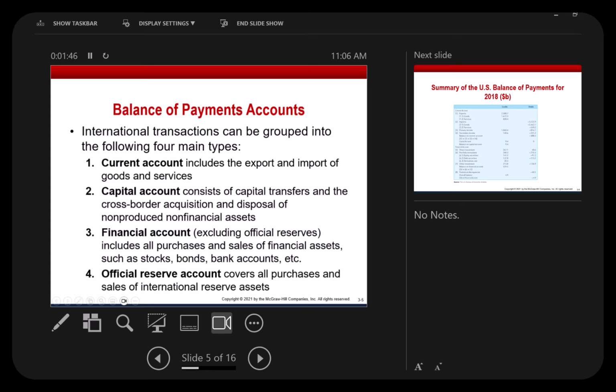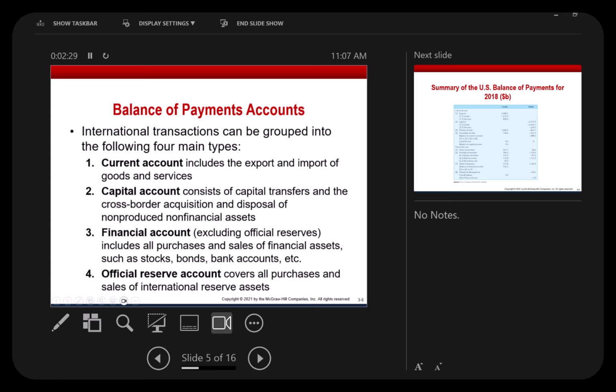We divide these accounts into basically four. One of the more important ones is the so-called current account. It includes exports and imports of goods, but also services. If your company is a consulting company and you have a foreign client, they bought a service from you, even though technically you're not exporting any goods, you sold the service to a foreign country and they paid you money. So that would be an export of service, for example.